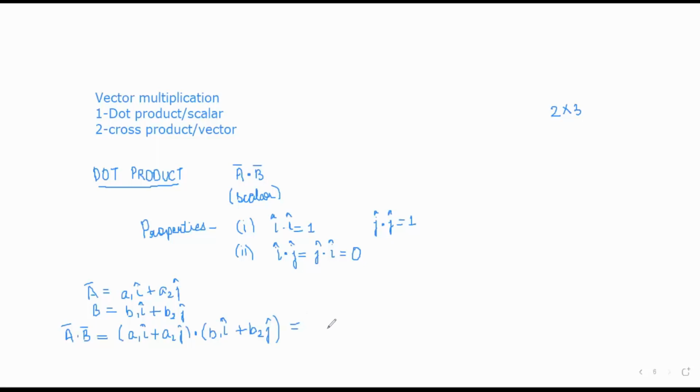Here, when we have this kind of multiplication, as in ordinary algebra, we simply multiply this term with this term first, then this term with the second term. Similarly here also we will do it, but the only thing we need to remember is that these are constants. We don't need to put a dot between a1 and b1. The dot will always be between the unit vectors, as we discussed in the properties.